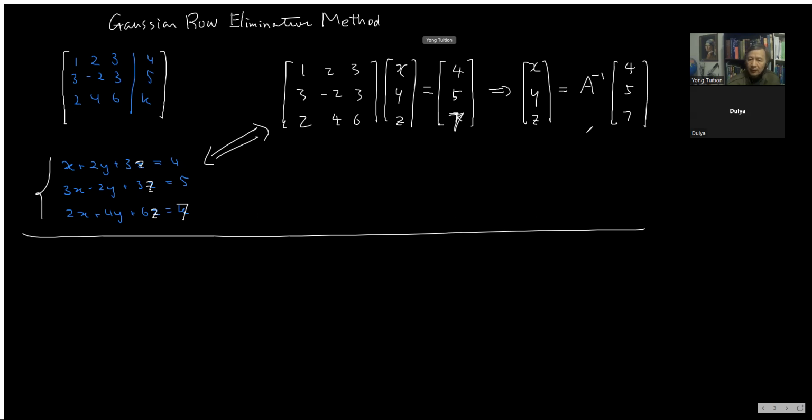If that is the question, then we can use Gaussian elimination to diagonalize, make this matrix diagonal. That is the objective, can you see? Gaussian elimination allows you to manipulate a matrix to get it diagonal.